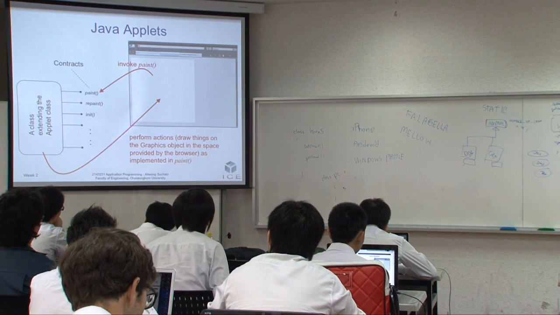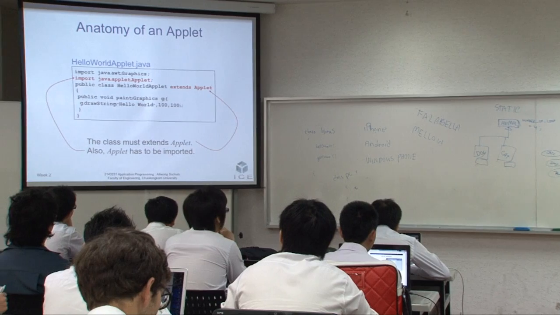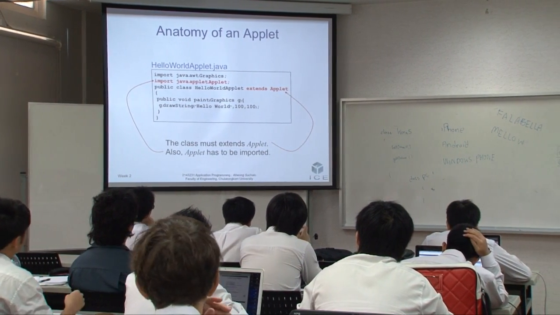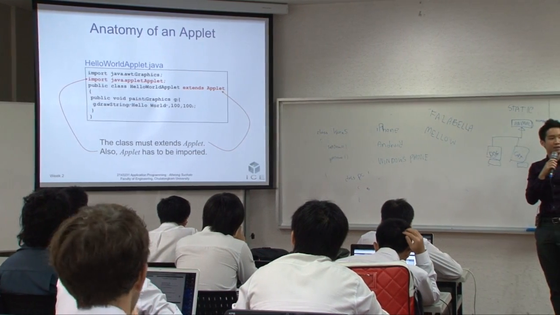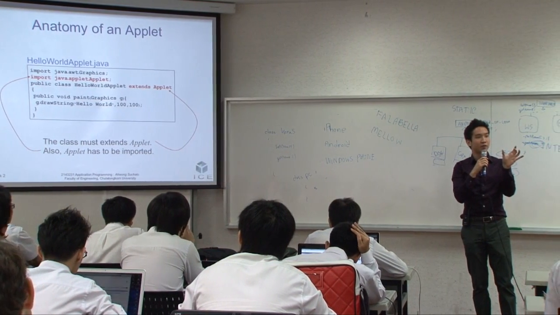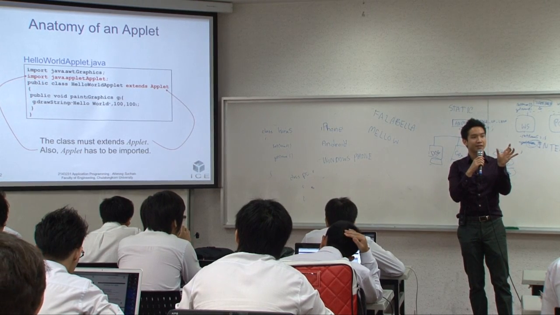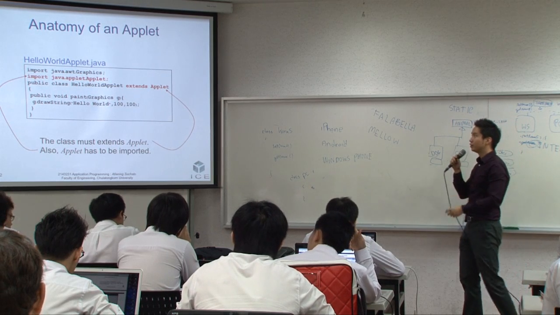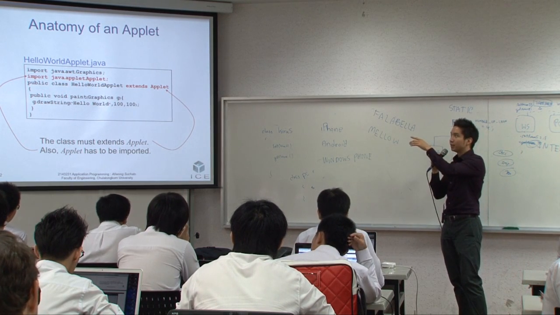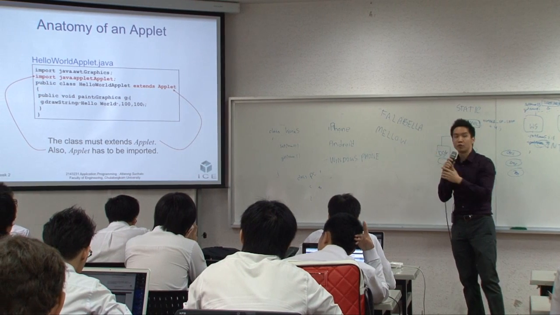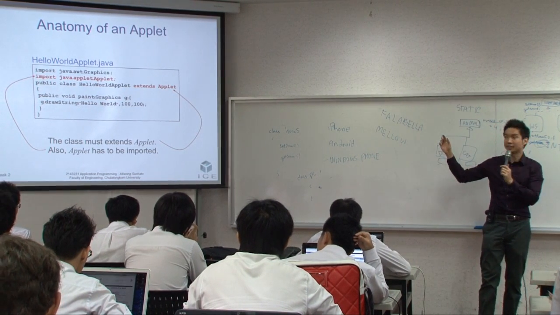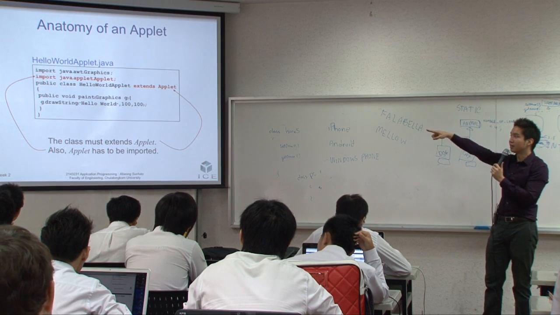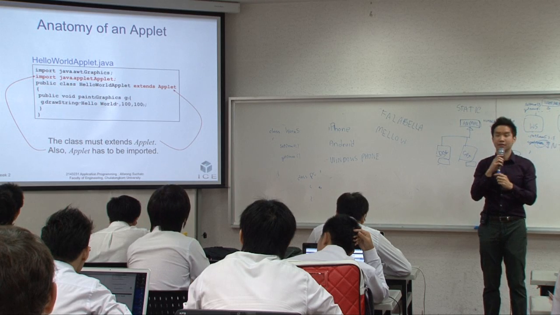So now some code. If you wanted to write a hello world applet, to just draw the text hello world on an applet, the first thing that you have to do is type public class HelloWorldApplet, and then you extend it from this class called Applet, which belongs to the package, if you look at the import in red, java.applet.